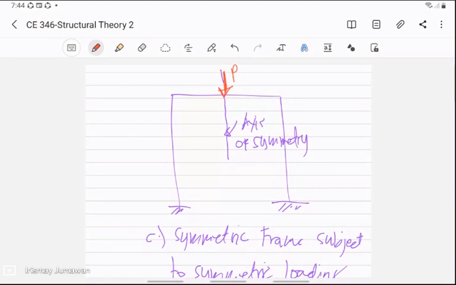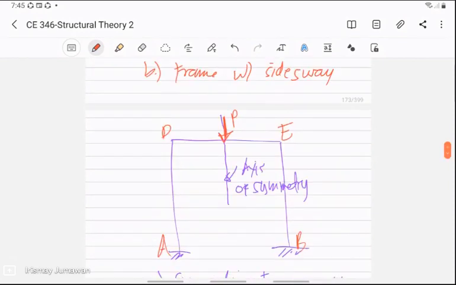So even though you have supports A and B fixed, D and E are free to rotate and there is a possibility of translation, but we can analyze this without side sway because of the loading. The loading is at the axis of symmetry, so it will not translate. It will only rotate. Okay, I hope you understand that one.